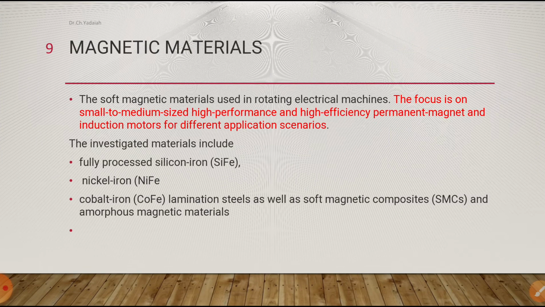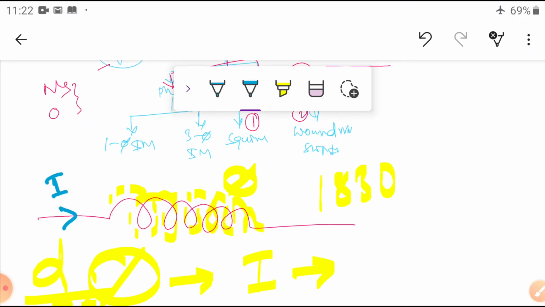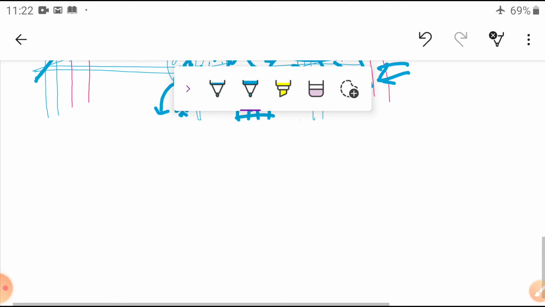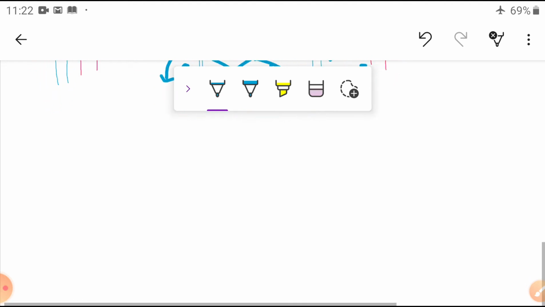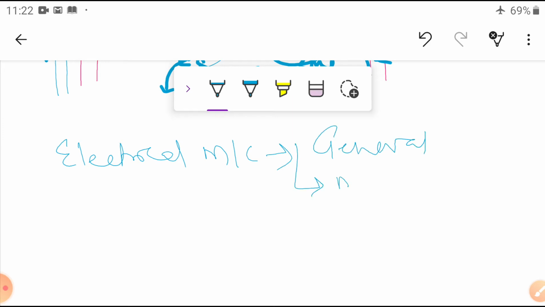Now after that, what are the different materials required? After Faraday's laws of electromagnetic induction, what are the different types of materials we require to be used in electric motors? All electrical machines can be used as a generator and can be used as a motor, as we already know.